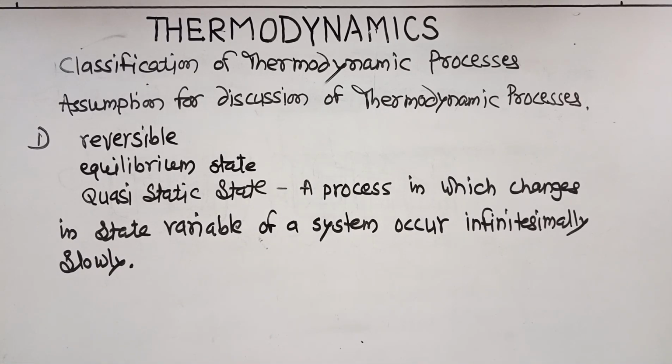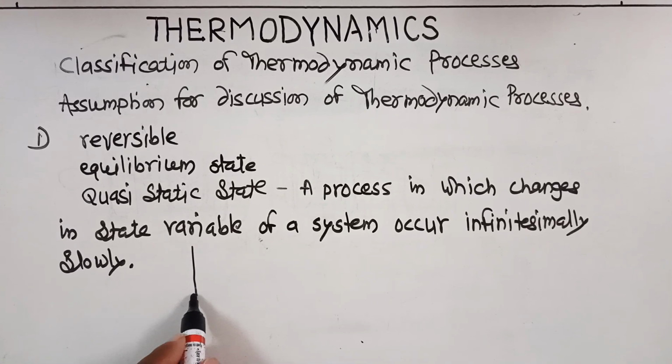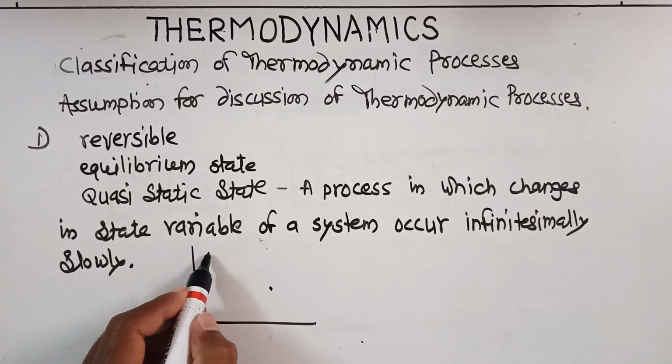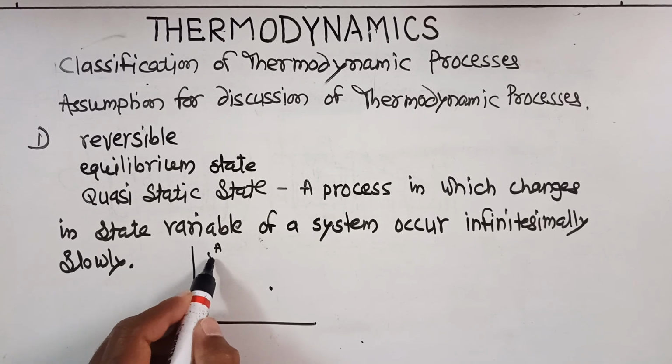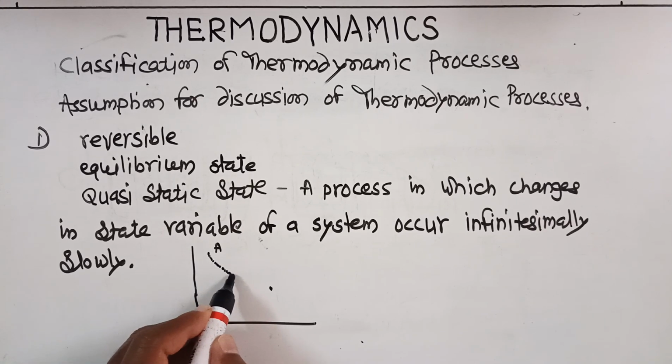The state variables like volume and pressure change infinitesimally slowly. Suppose this is state A, and we wish to go to state B. Then in a quasi-static process, we go infinitesimally slowly. We get the neighboring state, then the next neighboring state, and so on, these are the different states.